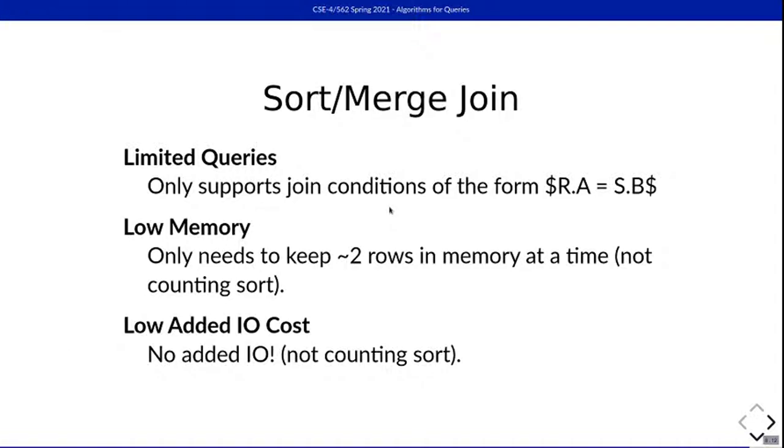The sort step itself might, and we'll get to that in a couple of lectures. The merge step also is generally not going to need to keep all that many records in memory at a time. And again, if we ignore the sort part, the merge step is going to be really, really efficient. And of course, this has the shortcoming of the previous algorithms that we can only support equality tests.